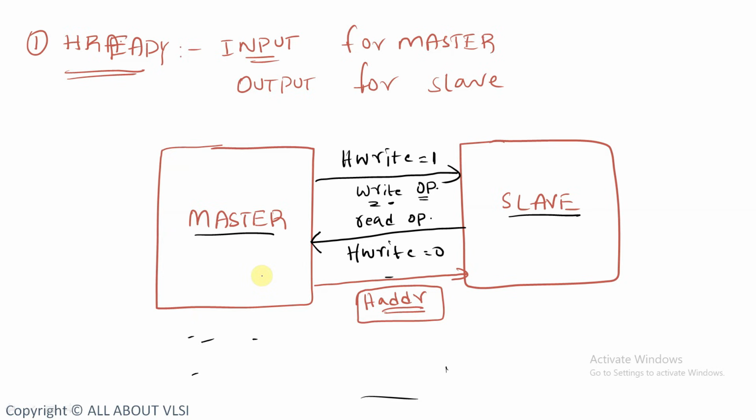There is one more use for this HAddress, which we are going to learn when we start data transfer in this protocol. So for now we only know the first use case: HAddress is used for slave selection, and the other we will learn in our transfers.